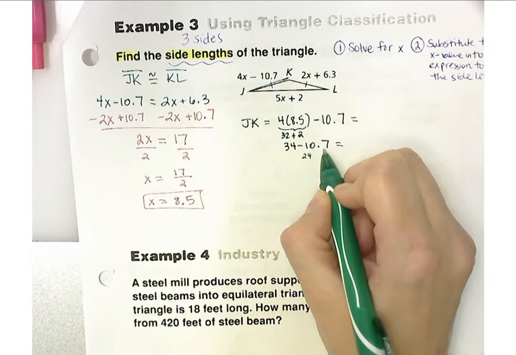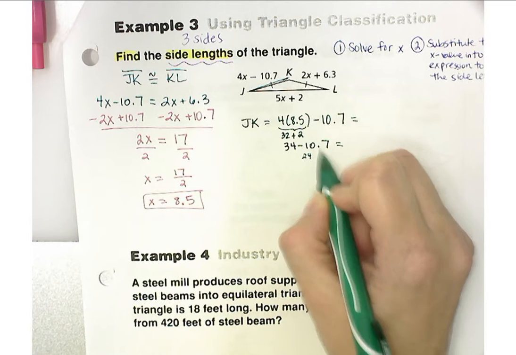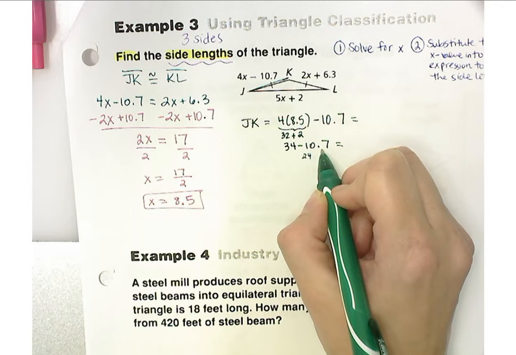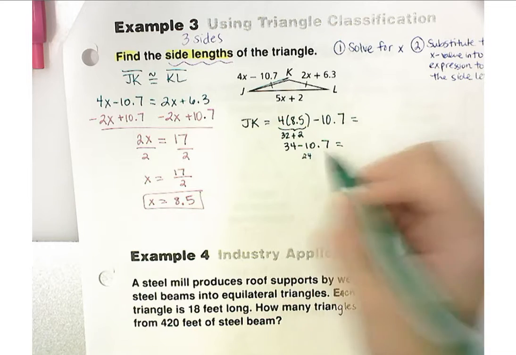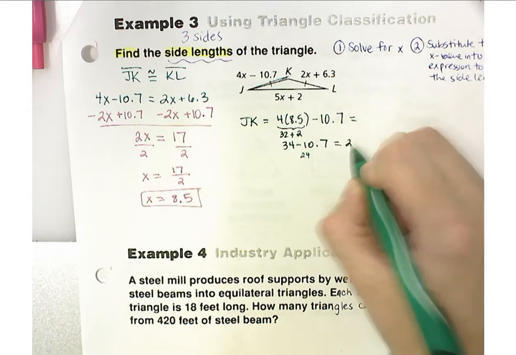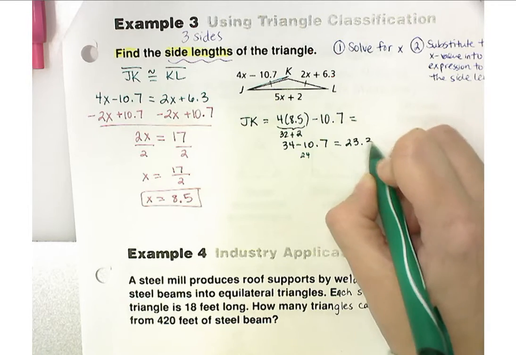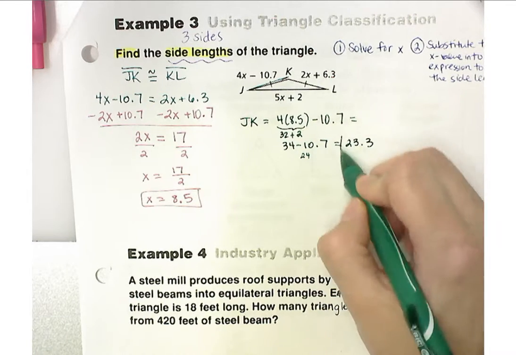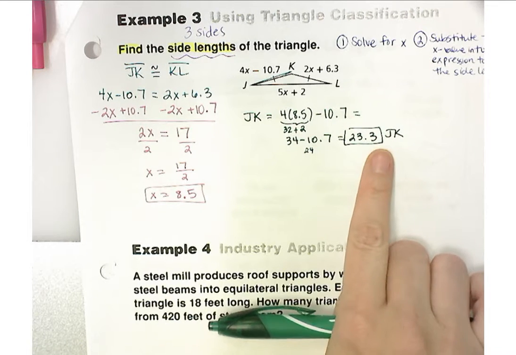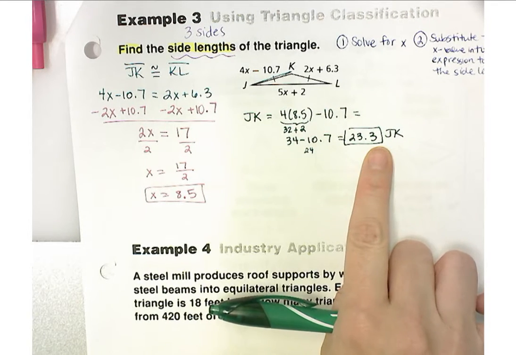And then if you minus 0.7, just think about what adds to 0.7 to give you a whole number. Yep, and then you would just go down 1. So this would be 23.3. Okay, so that's your length for JK. Make sure that you do label which one it is. Okay, so you have to tell me what side it is.